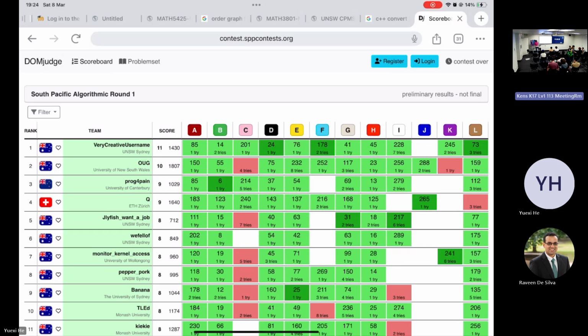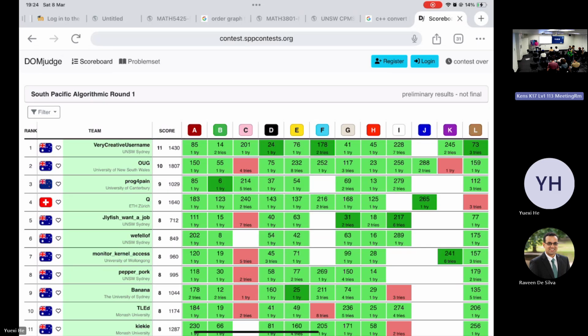So, okay. I have no idea who these people are. That's strange. Interesting. I don't think they were here. Were they physically here? They were not physically here. Right, well, they're clearly good.